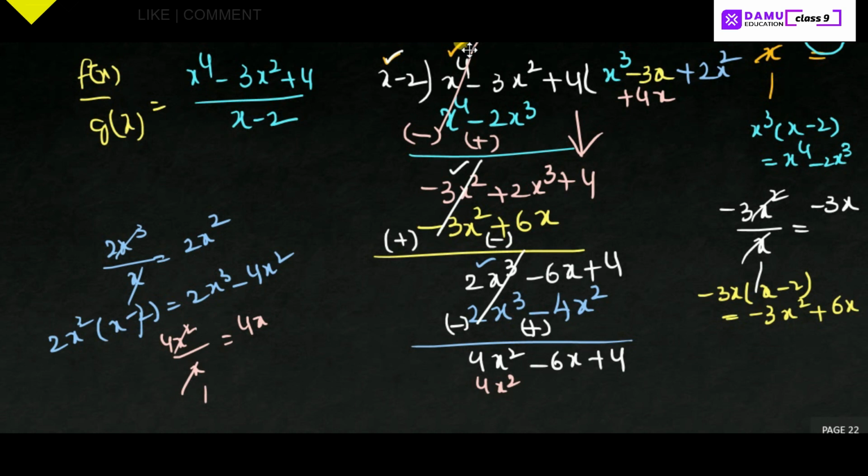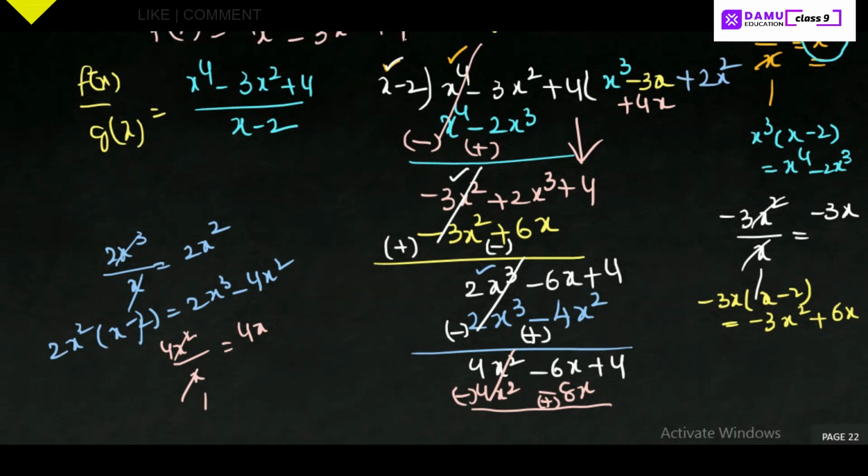Then we change the symbols: minus 4x square plus 4x square cancels. Then we get plus 8x and minus 6x, which will become 2x plus 4.